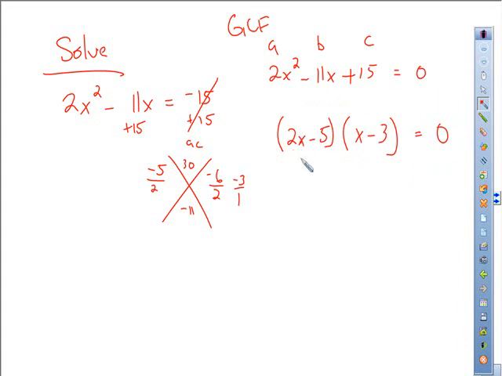So we're going to take each factor, find out when it will equal 0, and set it equal to 0. Go ahead and do the work, and you end up with x is equal to 5 over 2. And over here, x is going to equal 3.